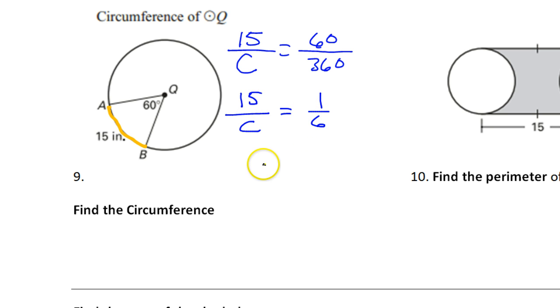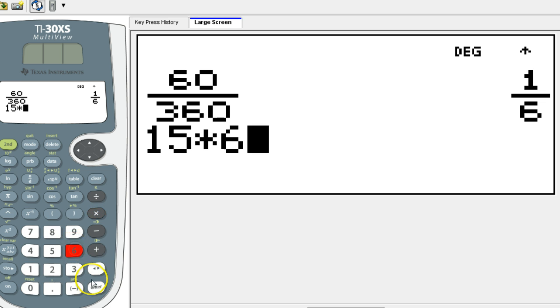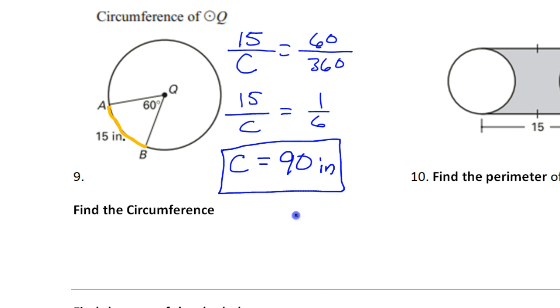If I cross multiply, C times 1 is just C, so I already have circumference by itself. So 15 times 6, that's 90. Now circumference is length, so that'll be 90 inches. Okay, that's it for number 9.